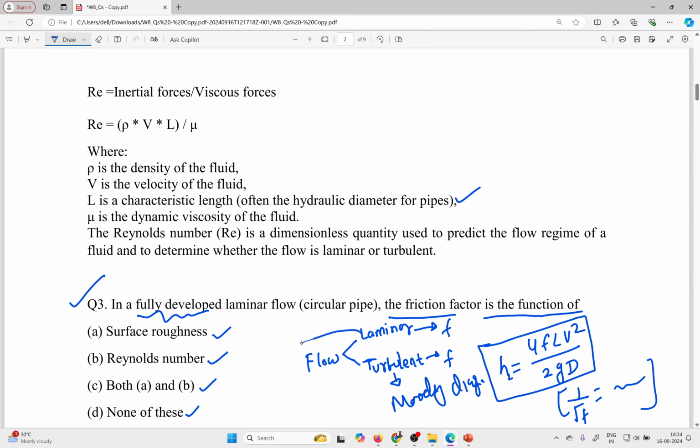But in case of laminar flow, you calculate the friction factor using 64 by Re only. This is the formula for laminar. So in case of laminar, your friction factor depends only on your Reynolds number. But when you talk about turbulent fully developed flow, it will depend on other things, I will discuss later. So for question number 3, option B will be correct. Remember please.